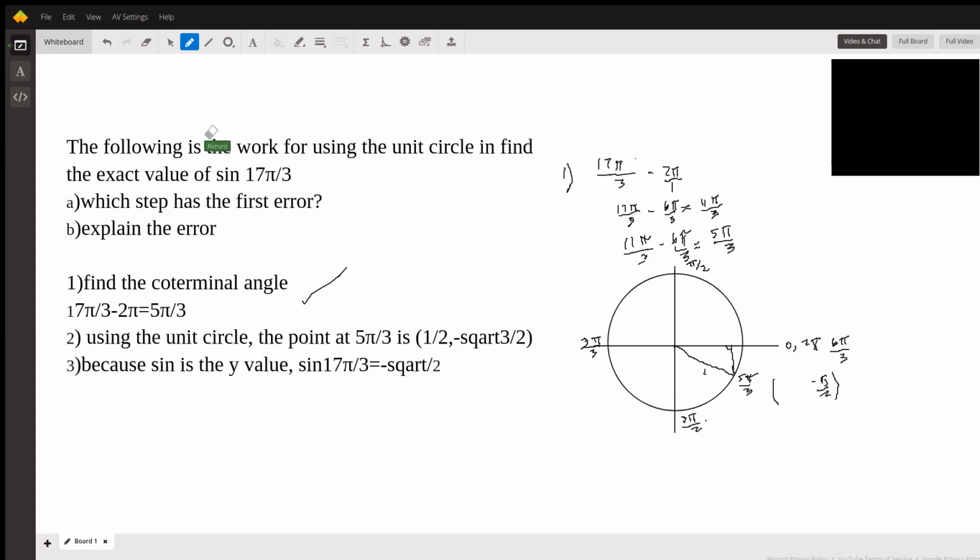The 1/2 is the cosine. So this is 1/2 here. And then negative root 3 over 2 is the sine, and it's here.